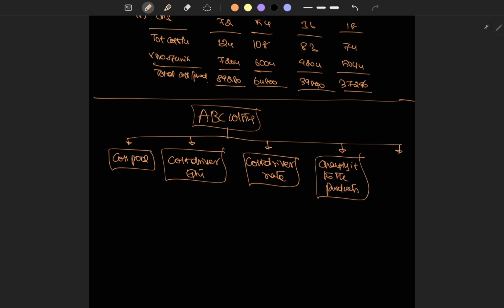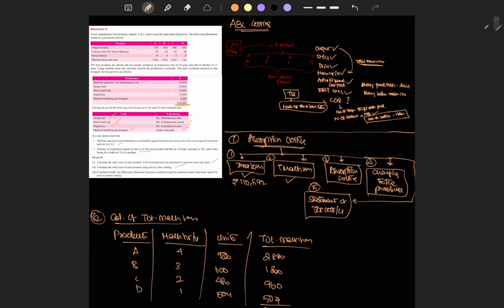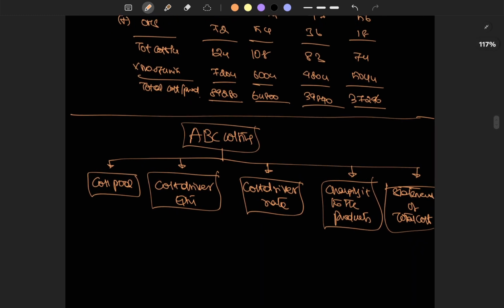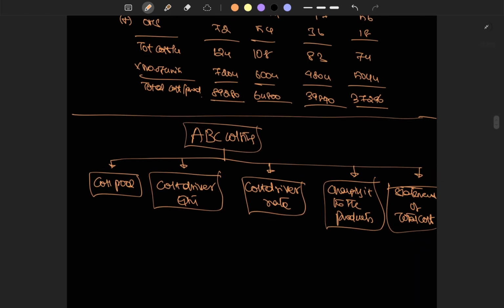Fifth one is statement of total cost, per unit or total. Just like how we prepared a 5-step approach in absorption costing, the same method we are going to follow in ABC costing also, but instead of a blanket rate we are going to use an activity-wise rate here, right? So let's quickly start this sum.